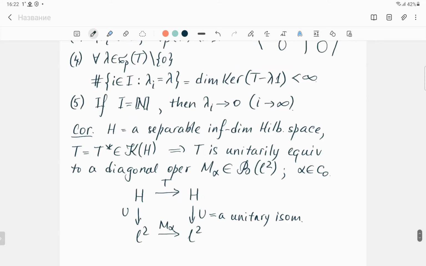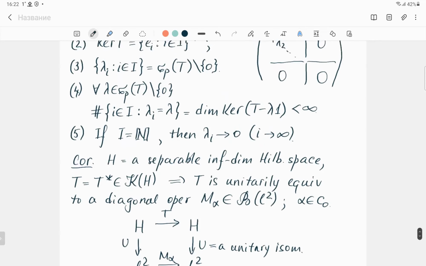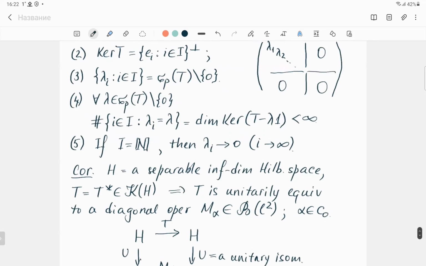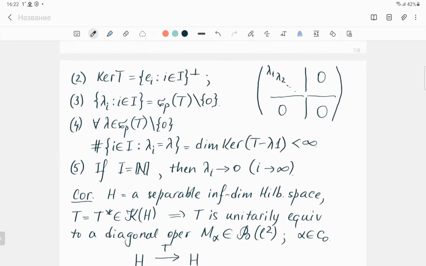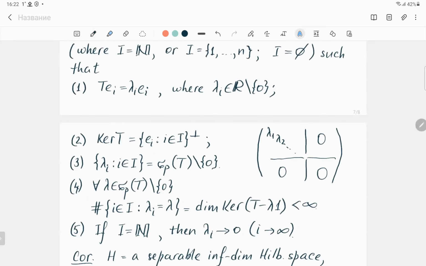And this corollary indeed already follows from the Hilbert-Schmidt theorem, because H is separable. The orthogonal complement, which is the kernel of T, is also separable. So we can find an orthonormal basis here, which is countable. And we take the union of this basis of the kernel with our sequence e_i.